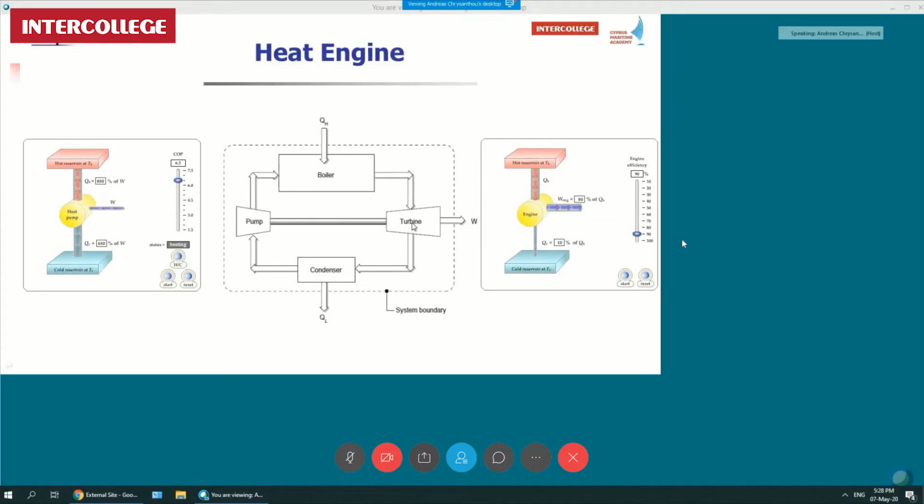You can use a gas turbine either to produce electricity, or in other cases the pump can be changed to a compressor, and it becomes an aircraft engine. So there is a compressor and a turbine, and instead of turning a shaft, in the case of an aircraft it produces thrust. So this is one of the many applications of this heat engine principle.